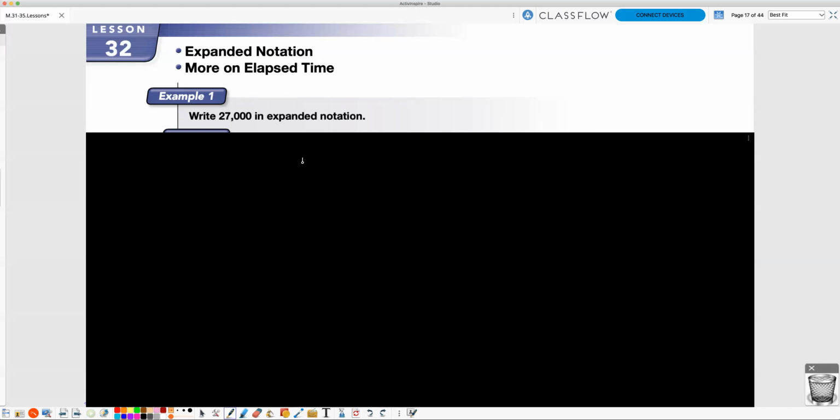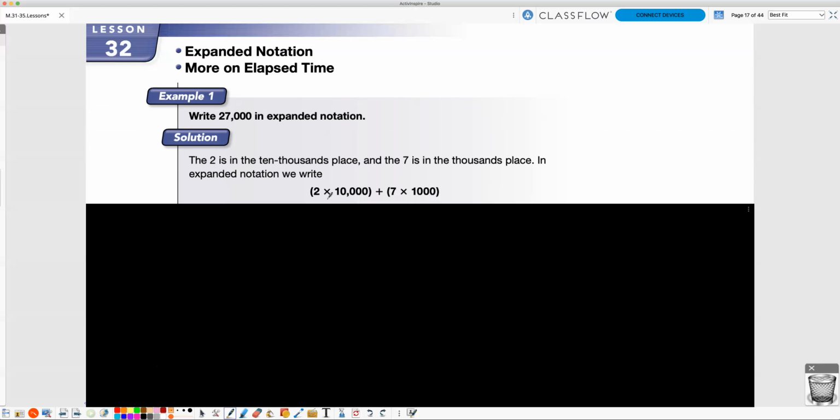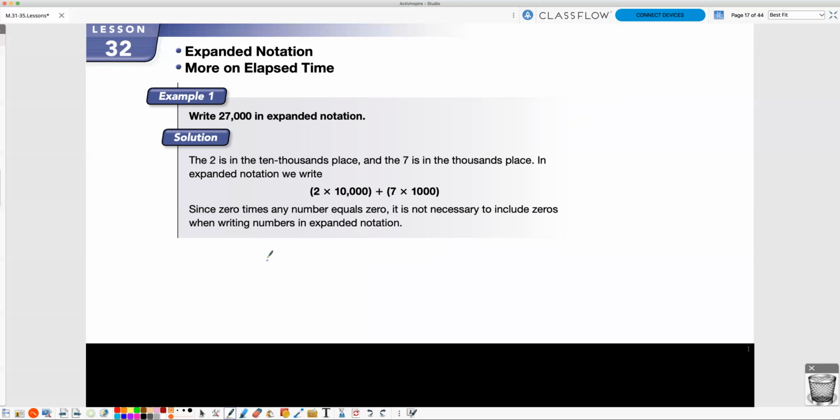Let's look at an example. Write 27,000 in expanded notation. The 2 is in the 10,000s place, and the 7 is in the thousands place. So to write it in expanded notation, you simply have to do 2 times 10,000 plus 7 times 1,000. Since 0 times any number equals 0, it is not necessary to include zeros when writing numbers in expanded notation. So the 2 times 10,000 is actually like 20,000, and the 7 times 1,000 is the same as 7,000.